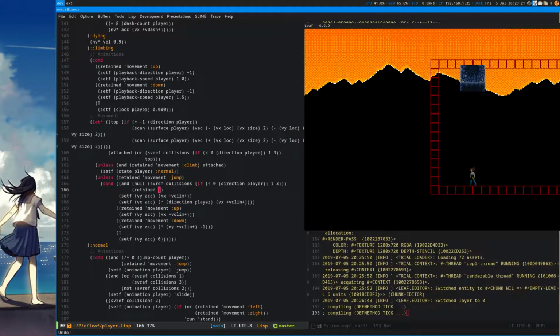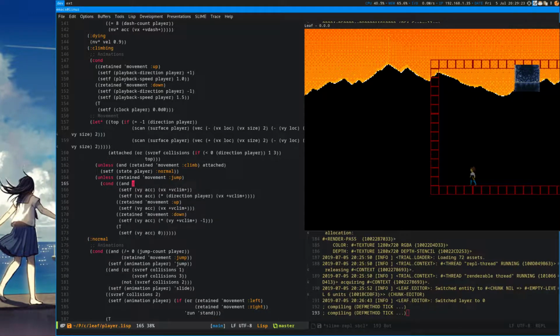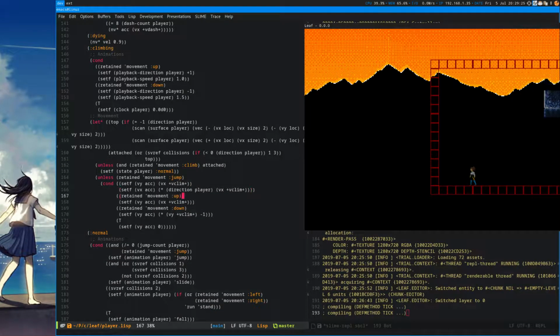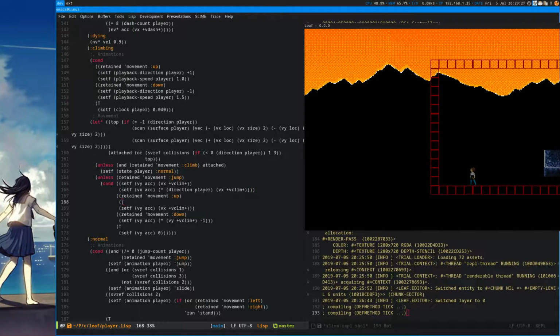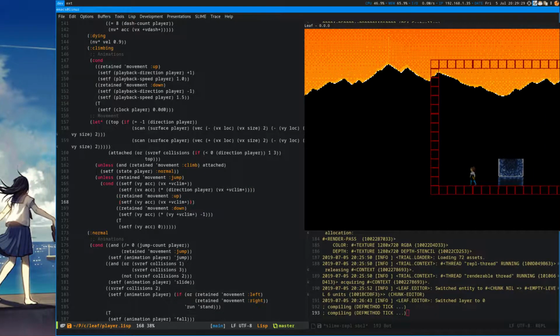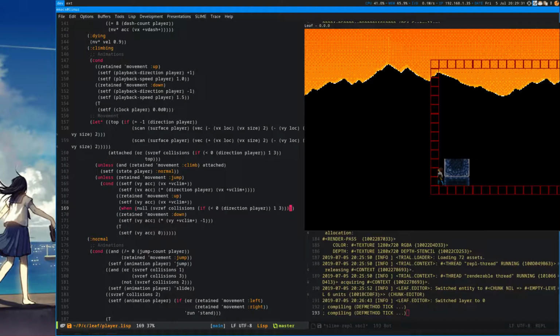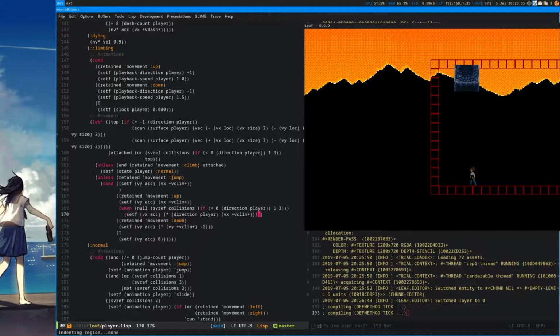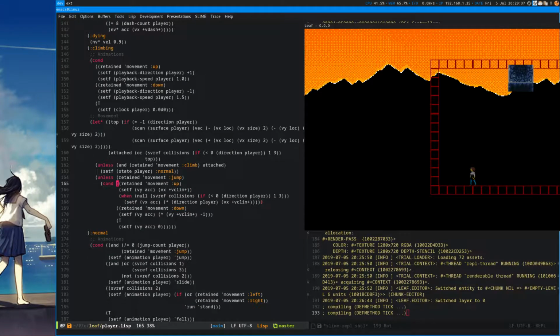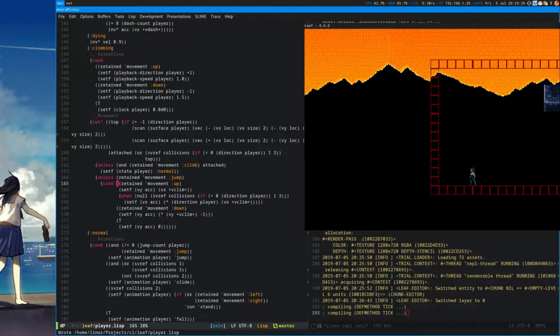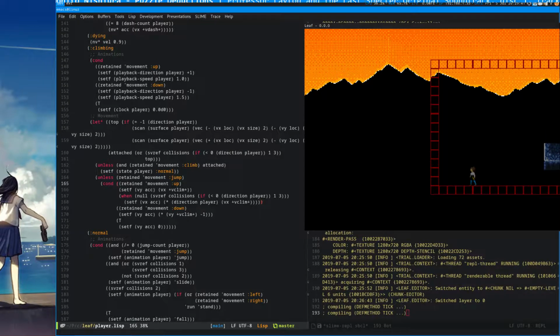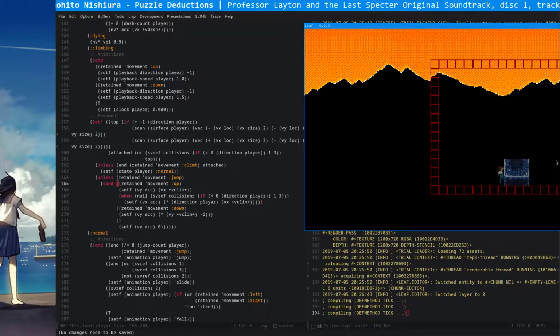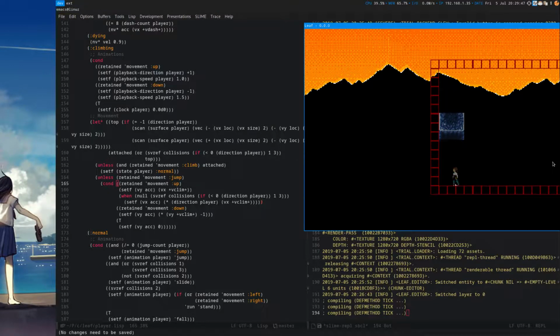No, actually, let's just put that in here. Okay, this way it should still push upwards if you climb over it, but it should just drop down.